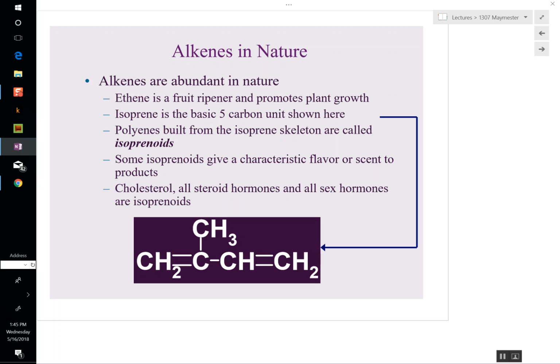Isoprenoids. This is not cholesterol. There's mention of cholesterol, but this is a building block. This is a precursor, a molecule that your body can use to then start making cholesterol. And you say, well, why would the body want to make cholesterol?